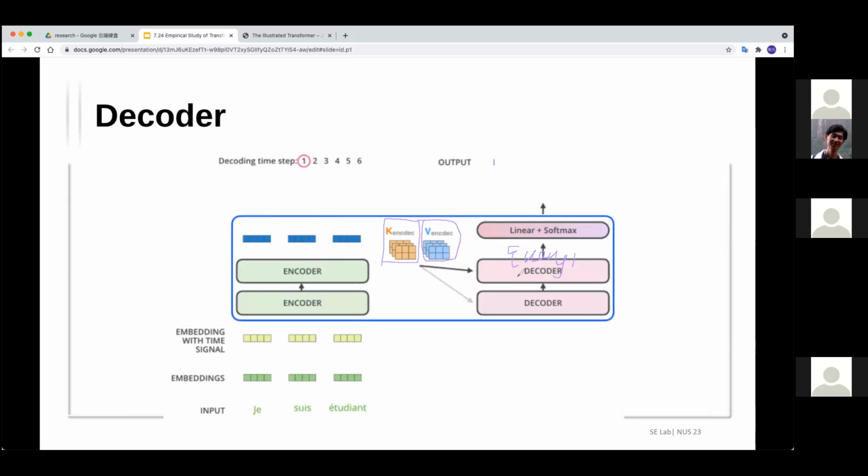We use this query to compute the similarity with the key in the encoder, and then get a final score. And this score will multiply with the value in the encoder. So actually, this mechanism is just the same as the encoder-decoder attention we talked about before, but the difference is the key, the value, and the query. Any question here?